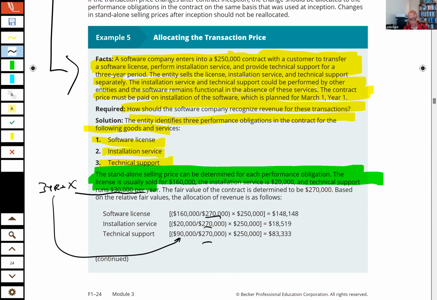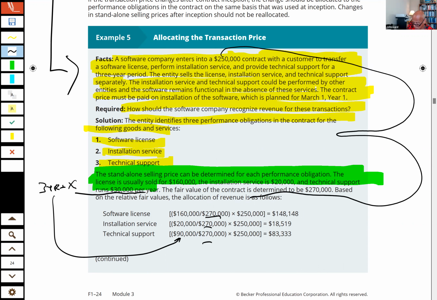Okay, so that's where that 90,000 comes from. 160 plus 20 plus 90 gives us 270, and then we take this contract price, which the question just laid out there for us, is 250, and we multiply it, and that's how much we allocate to each performance obligation.